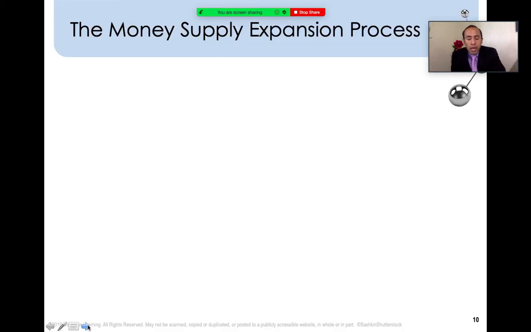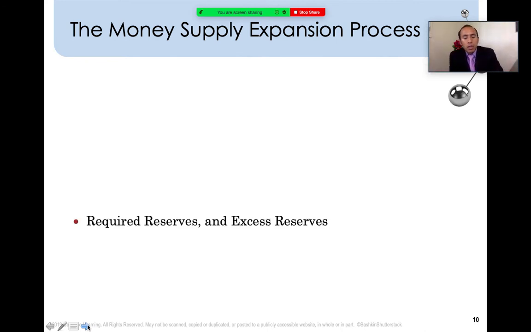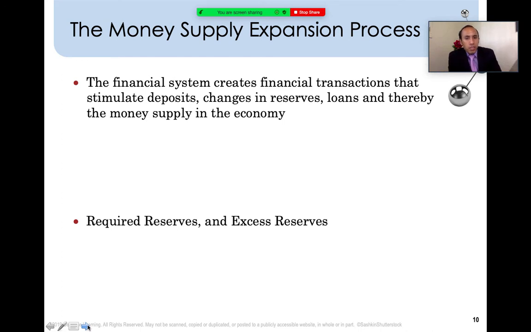Now, when we're looking at the U.S. monetary expansionary process through the federal financial system, we can expand the money supply or contract the money supply. The money supply expansion process consists of the following. The financial system creates financial transactions that stimulate deposits, and those deposits create a change of reserves in a sequence of events.